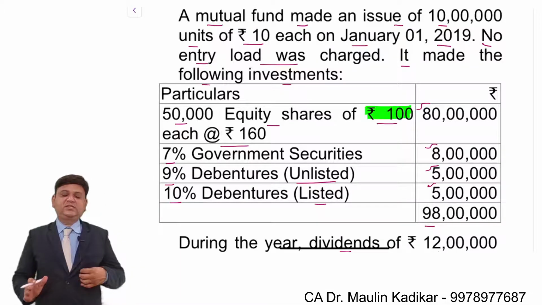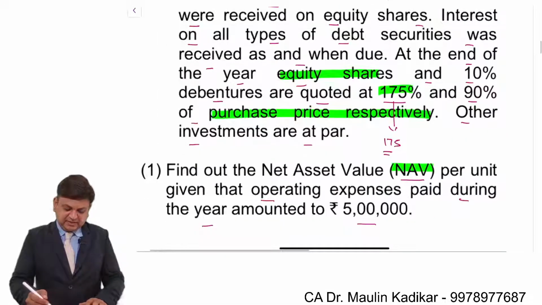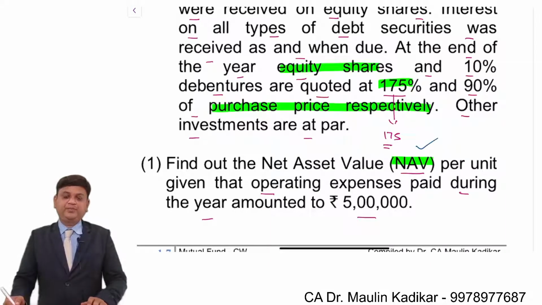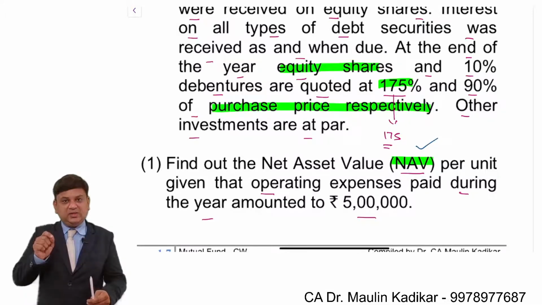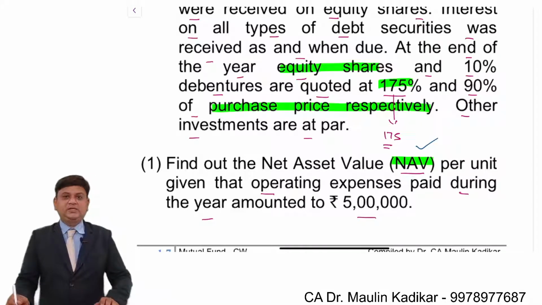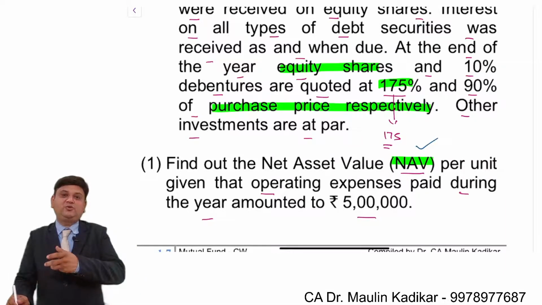Now the very first thing that I want to tell you, friends, is that whenever there is a question of making calculation of the NAV per unit, you have to see whether you have been provided with the information about the mutual fund as on date, or you have been provided with the information from the date of inception to the date on which you are required to do the valuation.